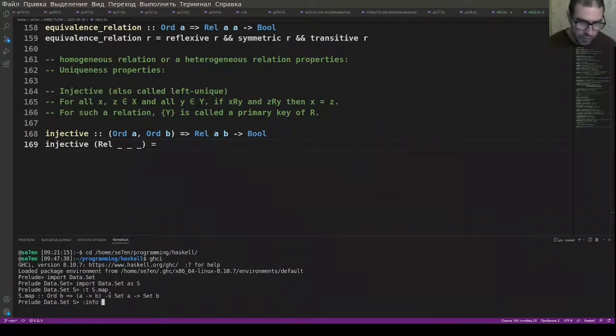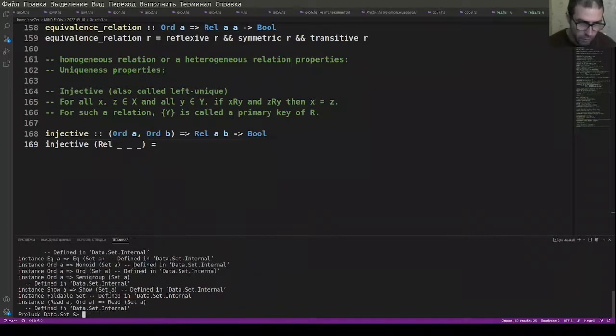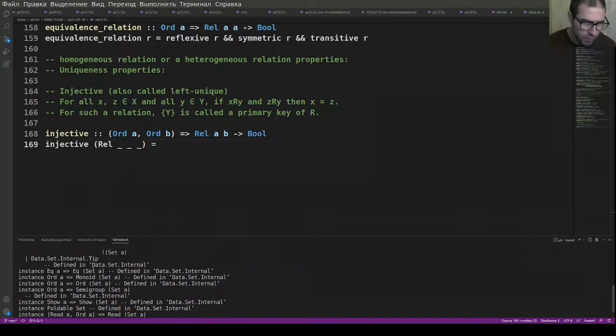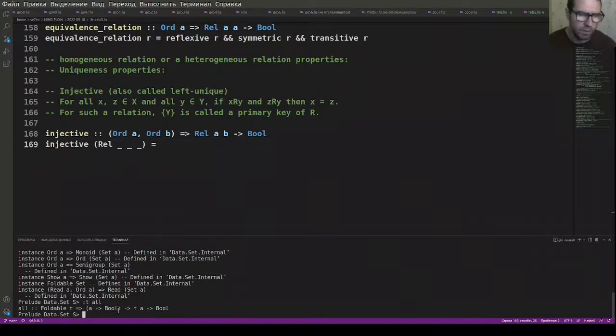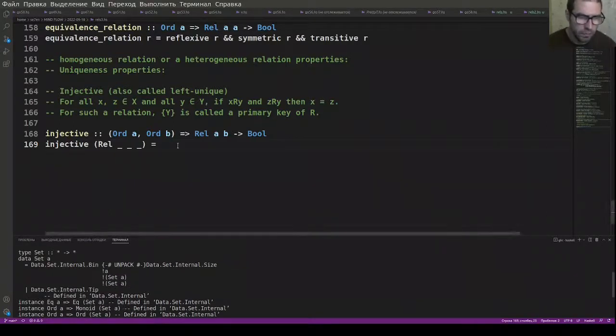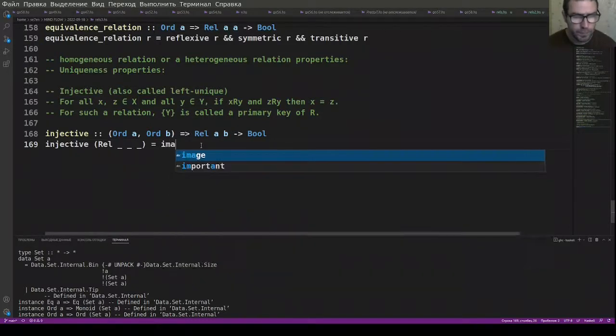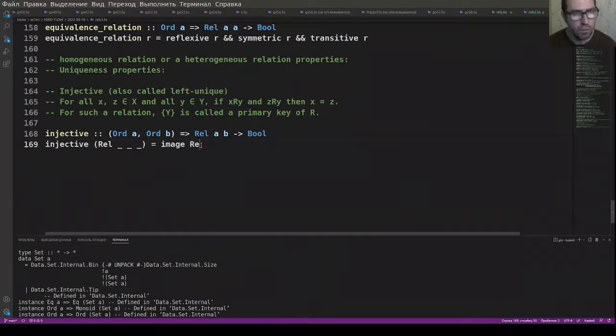Also, I think Set is Foldable. Yes, Set is Foldable. That's why we can also use other functions for this. So we take the image of our relation. I think we need this relation as a whole here to pattern match it.